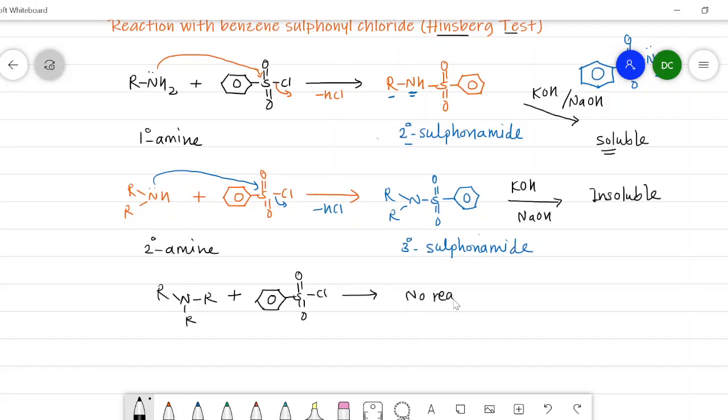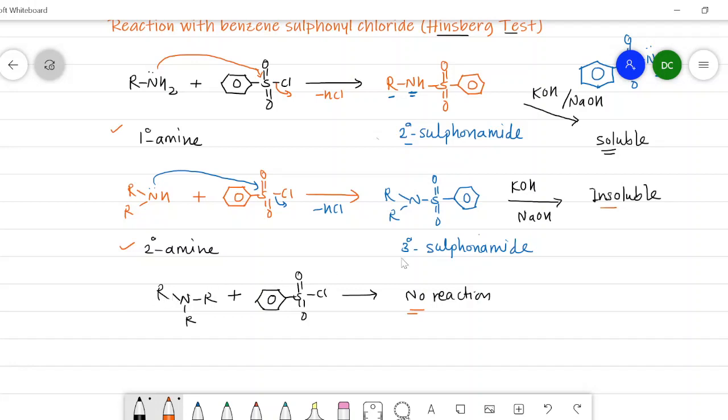So it is clear that tertiary amine doesn't undergo reaction with benzene sulfonyl chloride. Now, a primary amine gives a secondary sulfonamide which is soluble in KOH or NaOH, that is alkali. Secondary amine gives a tertiary sulfonamide which is insoluble, and tertiary amine doesn't give any reaction. From this reaction sequence, we can differentiate whether the amine is primary, secondary, or tertiary.